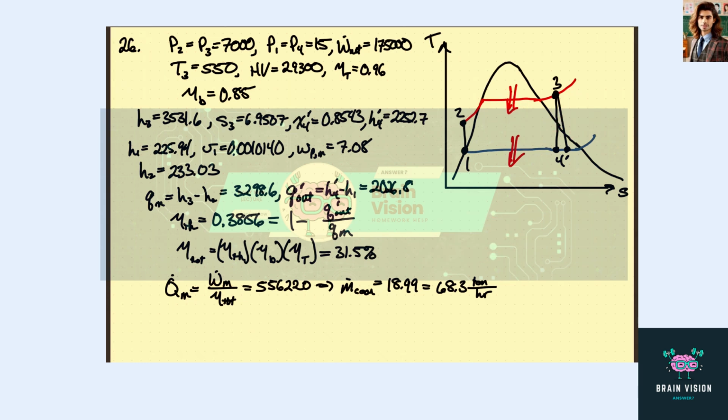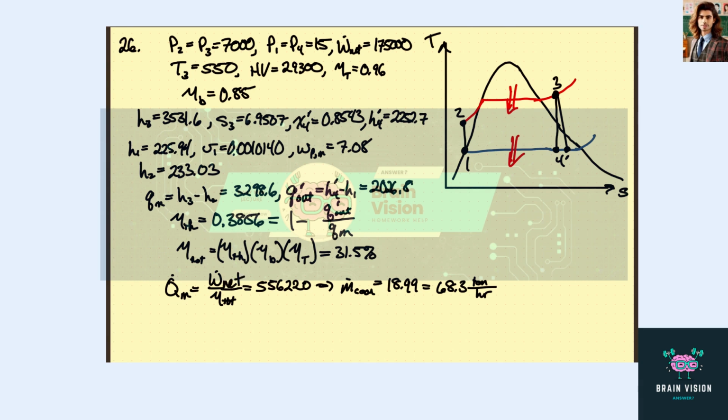And now we can figure out the rate of heat transfer into our system, and that is the rate of work out, or the power. I should have written net here, so this should be net as usual.